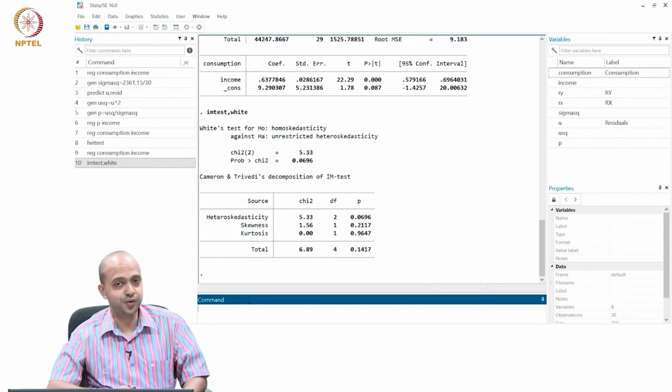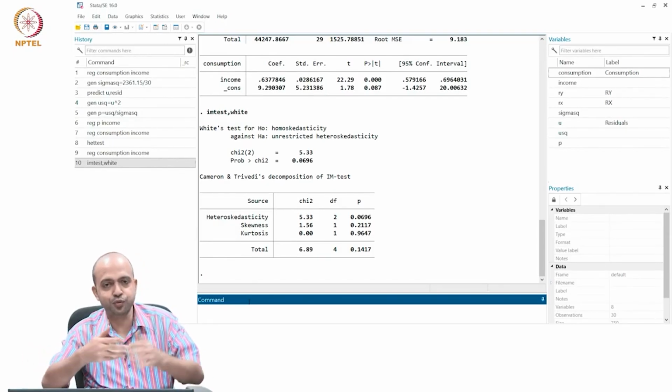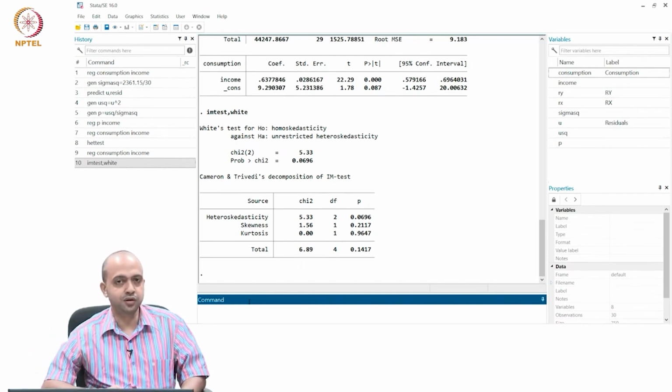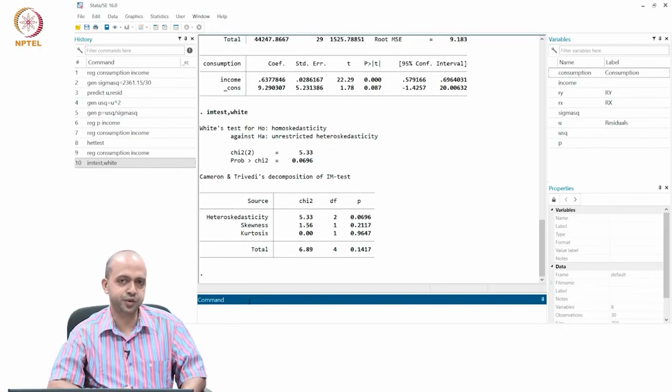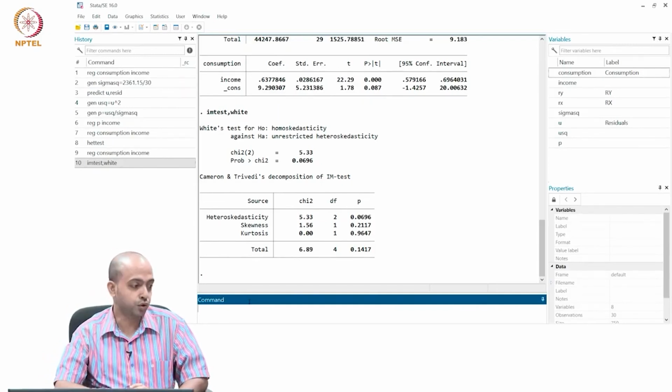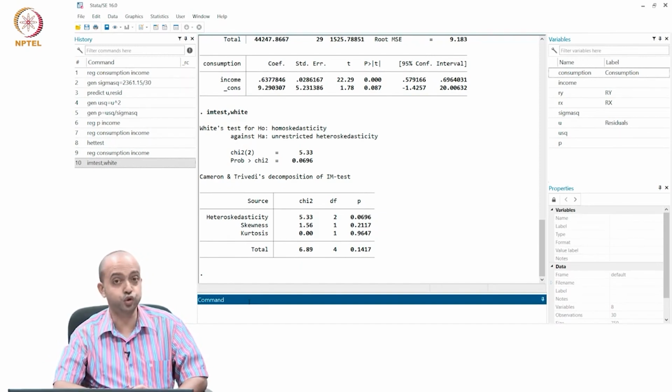If you have 5 explanatory variables, then all 5, their squares and 5C2 cross product terms would be there. So many variables will appear in the auxiliary regression, and that will eat up a lot of degrees of freedom. That is why you need a large sample to conduct this test also.